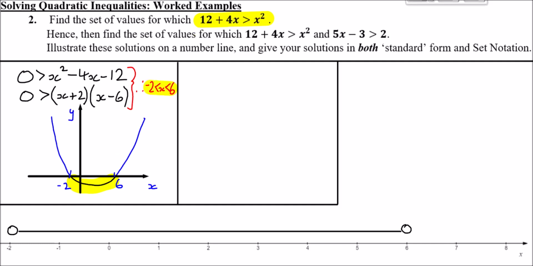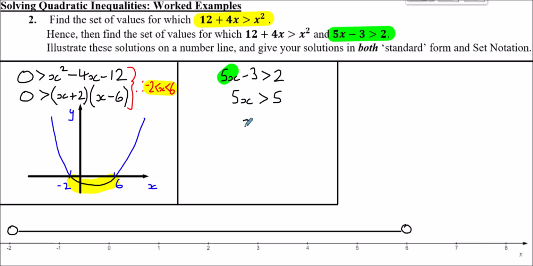If I need to do the same for 5x minus 3 greater than 2. So what we need to do first of all, I'd suggest would be to add 3 to both sides. So if we add 3 to both sides, we get that 5x must be greater than 5.